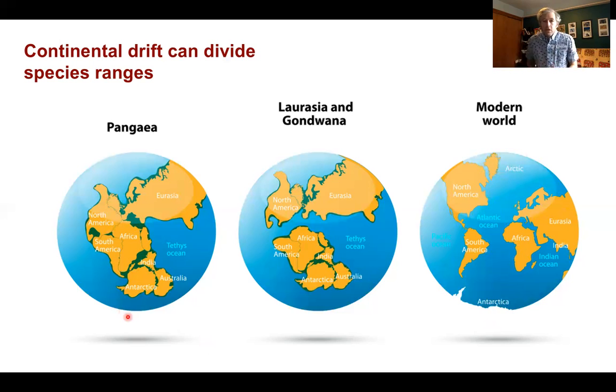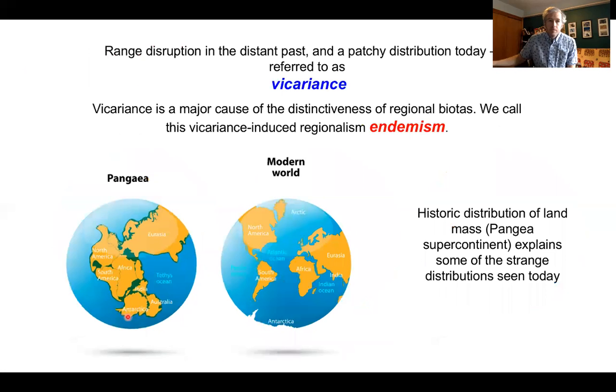But as these continents have split, it's divided the range of species. And this range disruption in the distant past, so the splitting of continents, splitting species ranges, and the resulting patchy distribution today is referred to as this principle called vicariance.